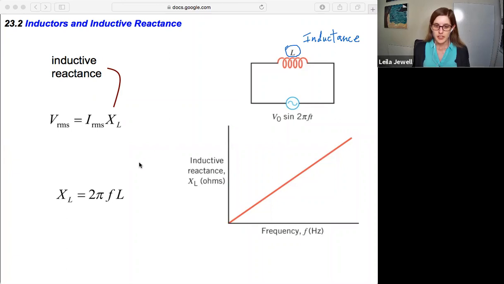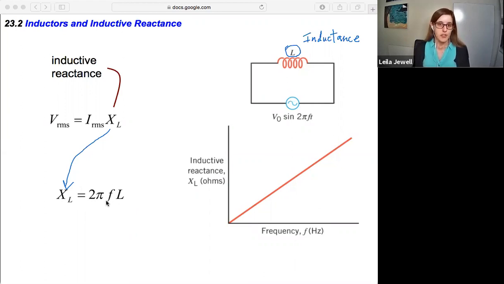And the inductance is a factor in calculating our inductive reactance, which will feed into Ohm's law. This V_RMS is equal to I_RMS times the inductive reactance. V equals IX. How we calculate this inductive reactance is as shown, where it's the inverse of the capacitive reactance. Instead of being 1 over, it's just 2 times pi times the frequency times the inductance L.